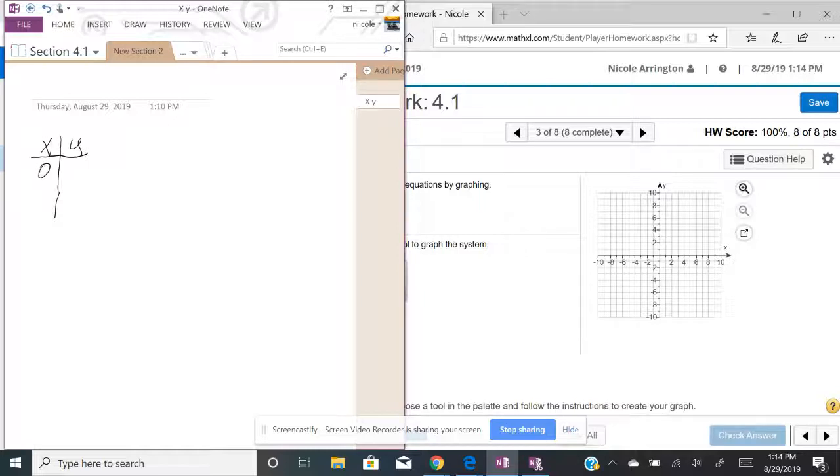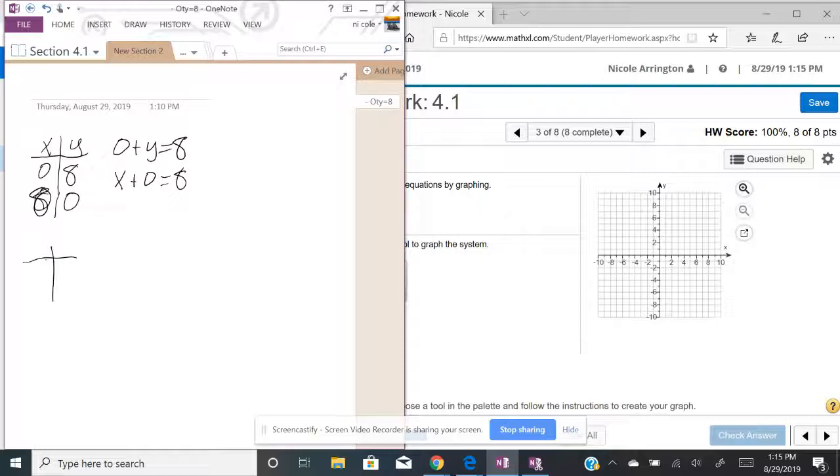When x equals 0, y equals 8. When y equals 0, x equals 8. And you would do that by doing 0 plus y equals 8, and then x plus 0 equals 8.